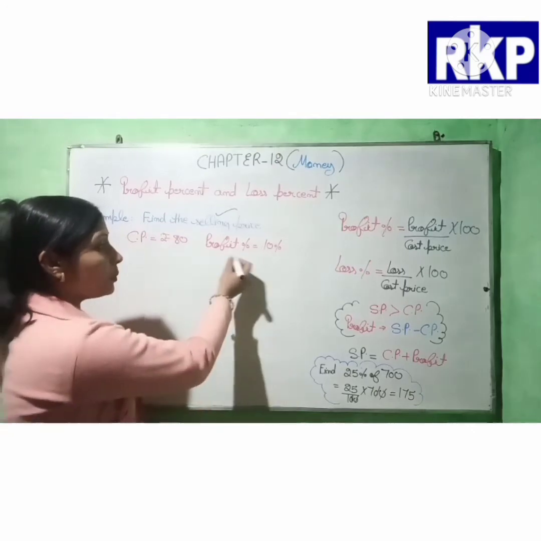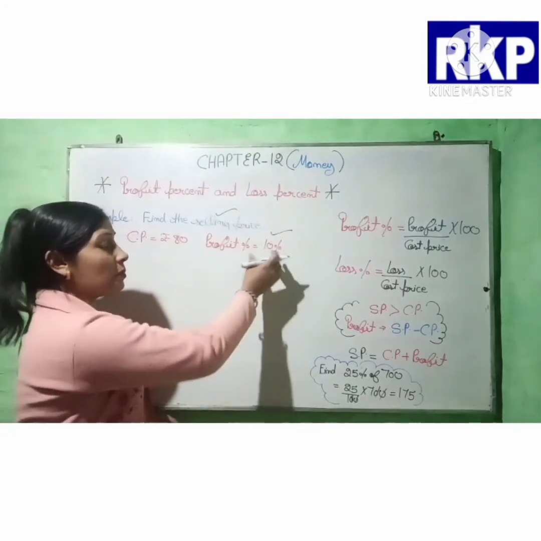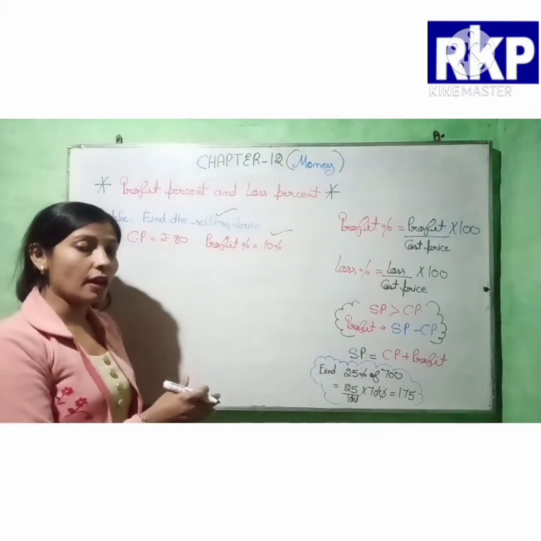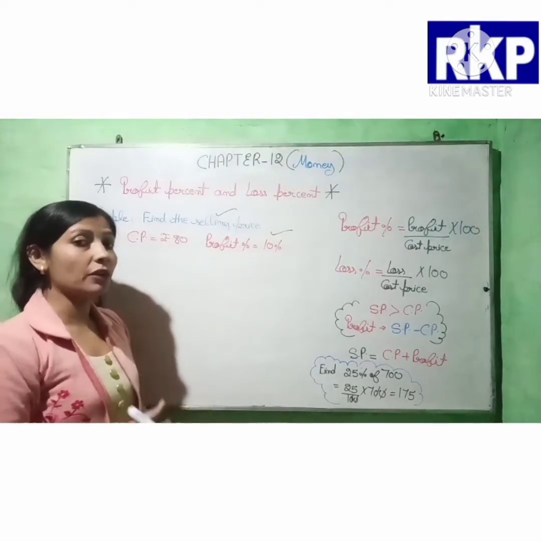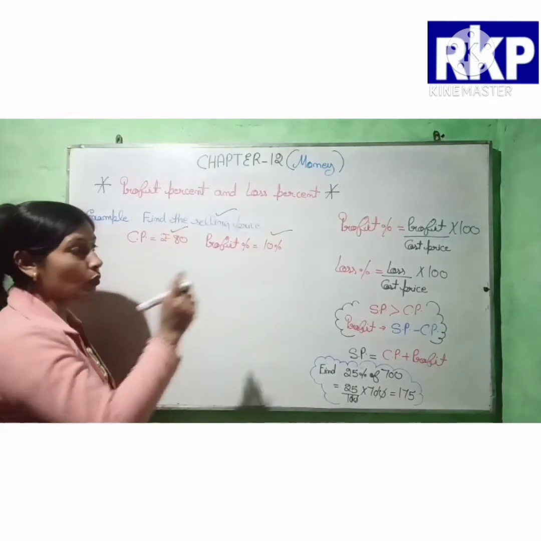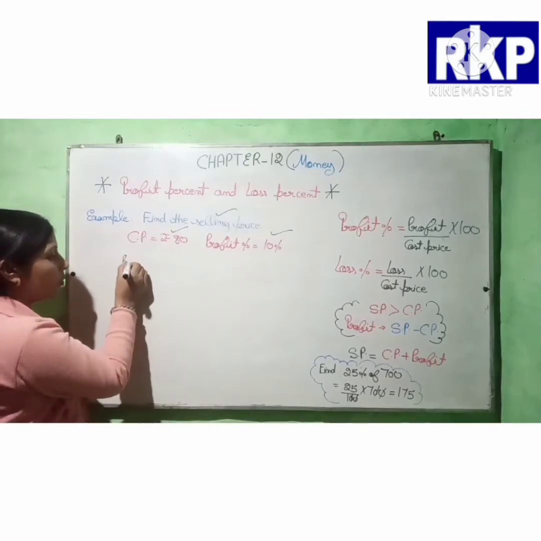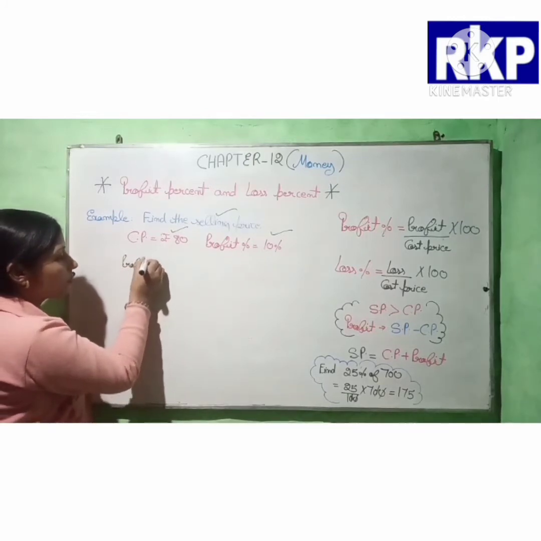Profit percent is given 10%, and 10% means 10 out of 100, but we have to find out profit for 80 rupees, not 400. So first of all we have to find out profit.